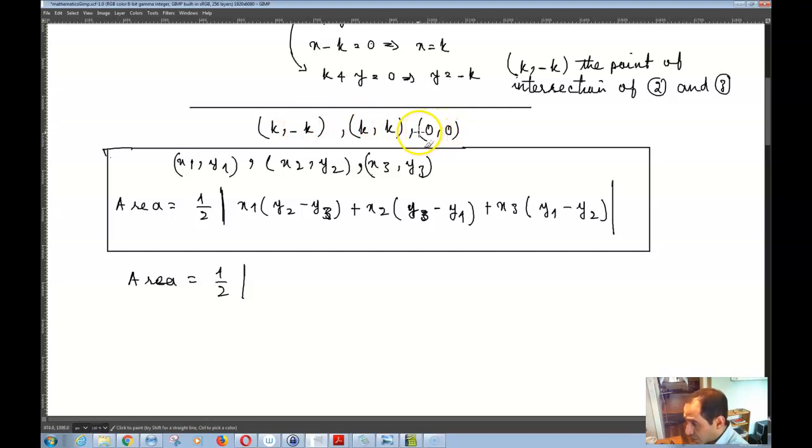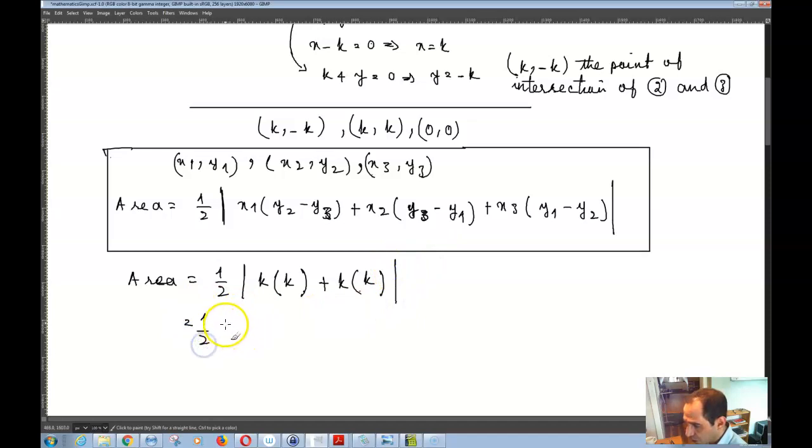And so you will get basically x1, which is equal to k times y2 minus y3, so basically k minus 0, which is basically k, plus x2 is again k times y3 minus y1, so this is 0, and minus y1 would be again k over here, and x3 is basically 0, so you don't have to write it over here.